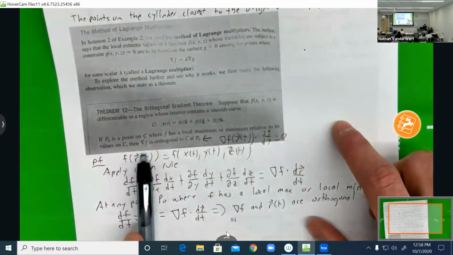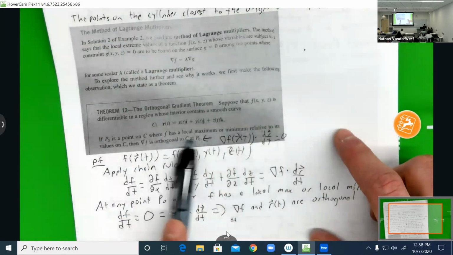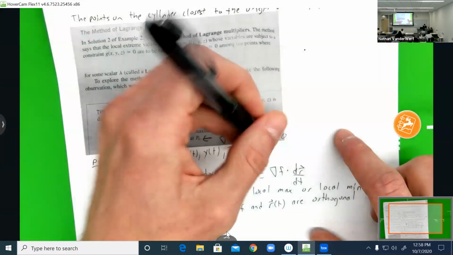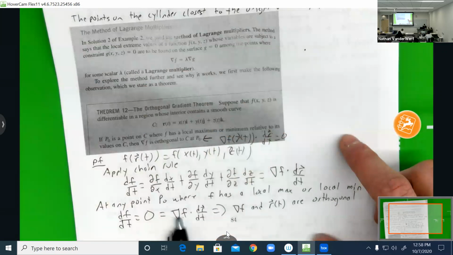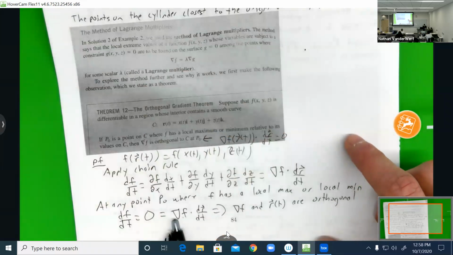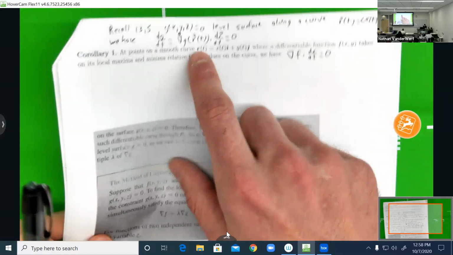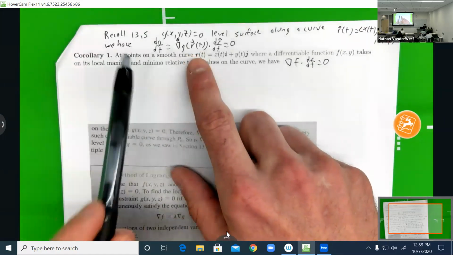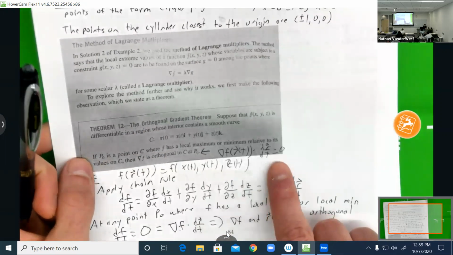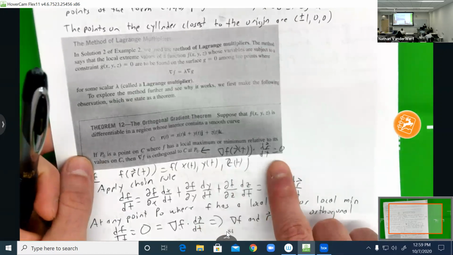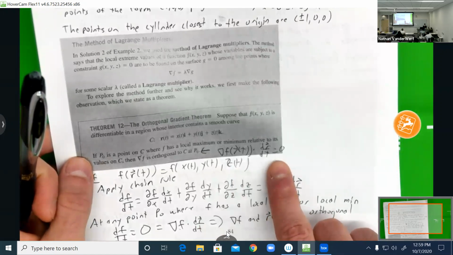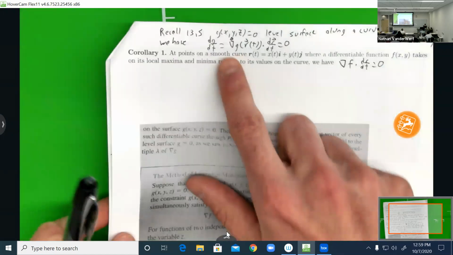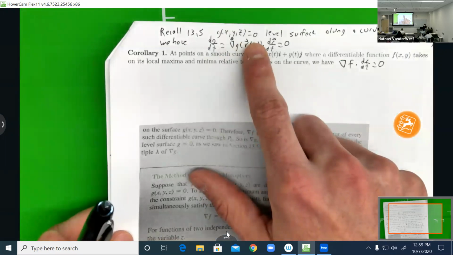When we say the gradient of f is orthogonal to C at P0, we're making this statement, and that's what we proved. But it's also true in general if you have a level surface g of x, y, z equals 0, though the reason is different. The reason we got 0 here was because we're at a local min or local max. The reason we get 0 here is because g is 0, so dg over dt is 0.